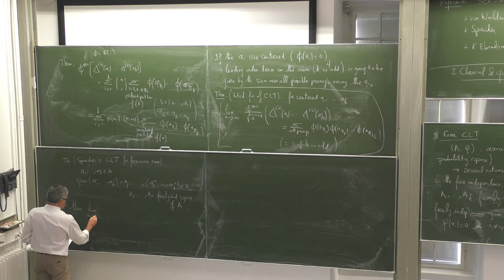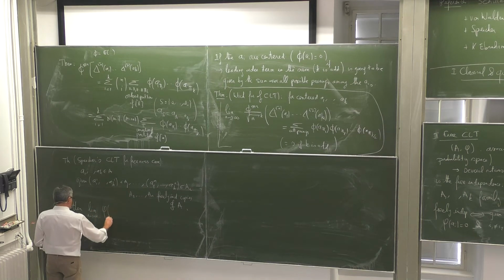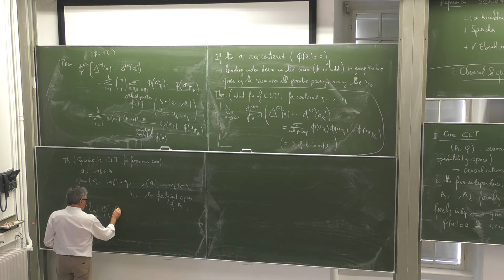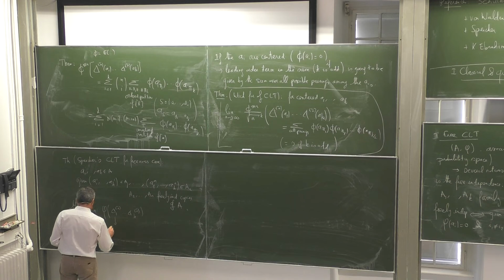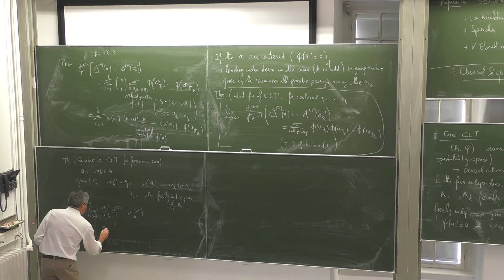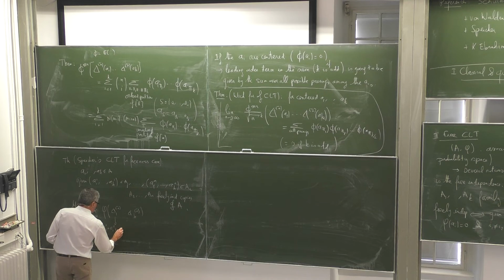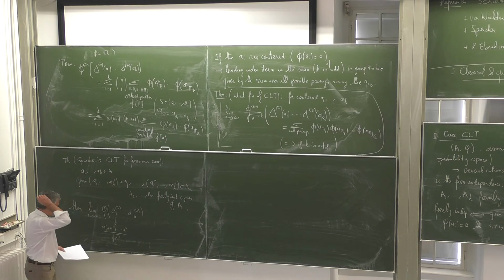So the limit when n goes to infinity of the product of what I've written previously, delta 1n, ..., delta kn, which in that case is simply given by the sum A11 plus A12 plus ... plus A1n over the square root of n, and similarly for the other terms.